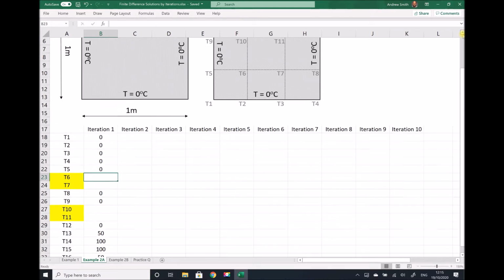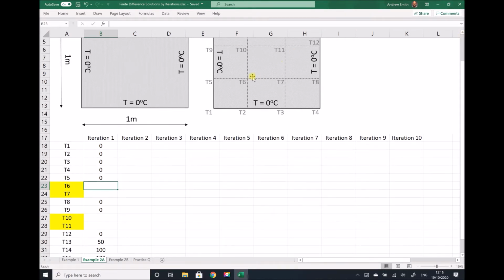Let's begin with T6. If we look at T6, we know that the temperature there, using the finite difference equation, is going to be an average of T10 plus T7 plus T2 plus T5, or those four temperatures divided by 4. Now I'm going to input a formula into the second iteration box, and the reason behind this will become clear in a moment.